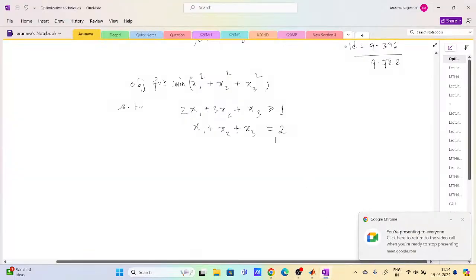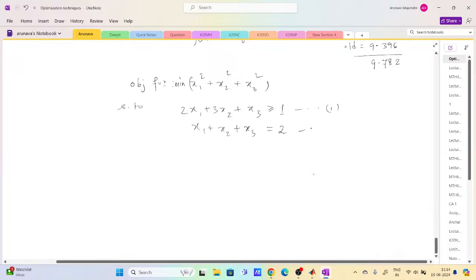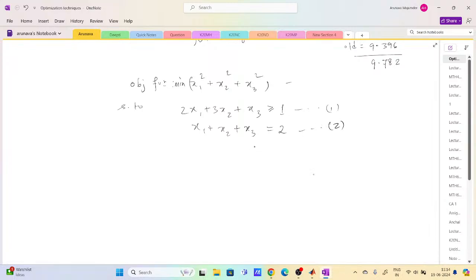Okay, so this is the first and second constraints, constraint 1 and constraint 2. And this is the objective function, and let us suppose there is another nonlinear constraint also. The first nonlinear constraint is like this: x1 square plus x2 square plus x3 is greater than or equal to 53.